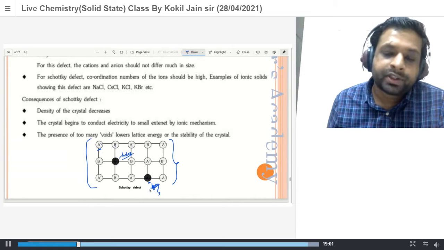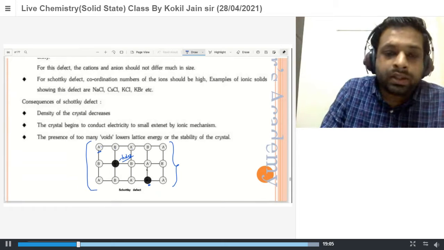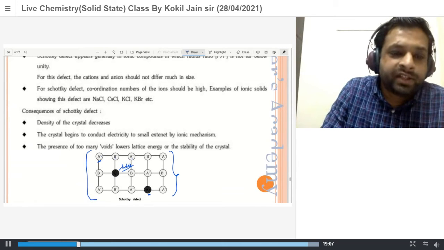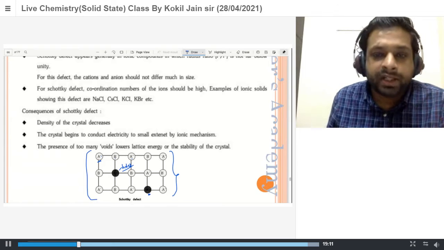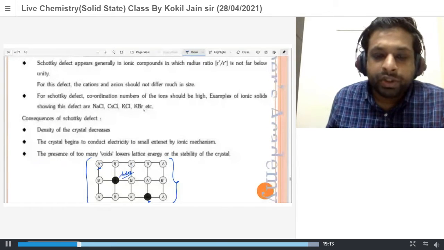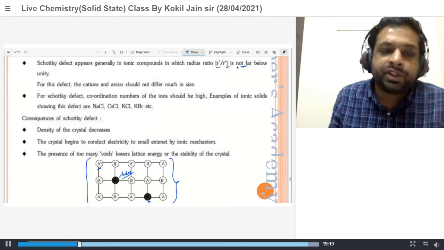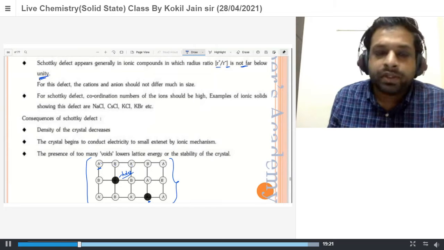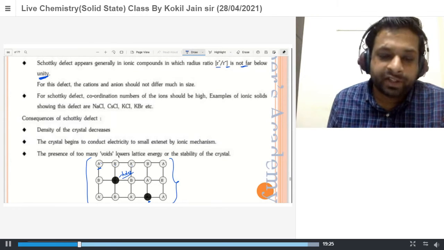Now see, where can this defect be found? It's generally found in ionic compounds where the ratio R plus by R minus is very close to unity. There only can you see such kind of defect.